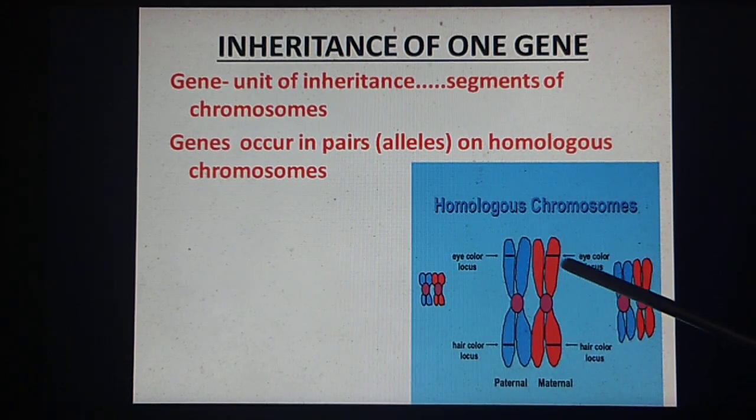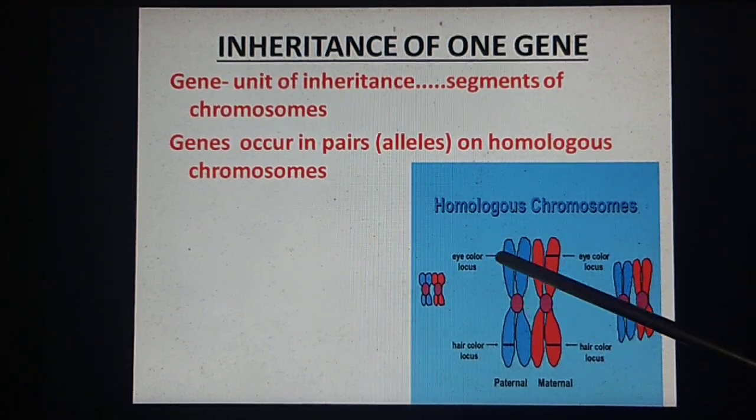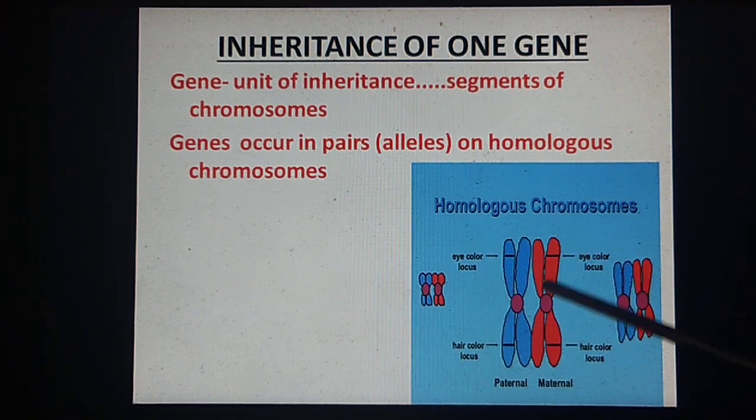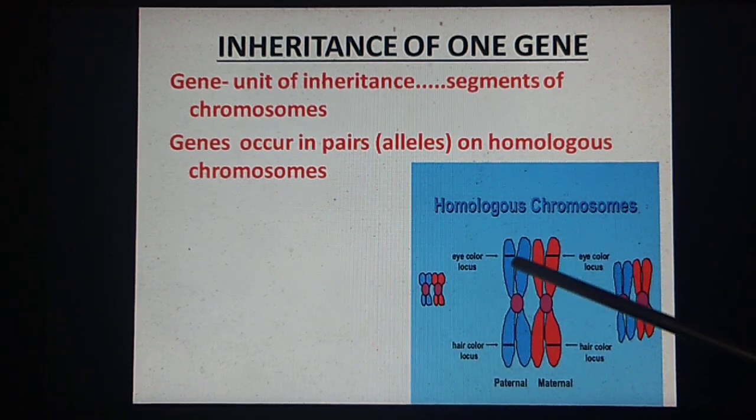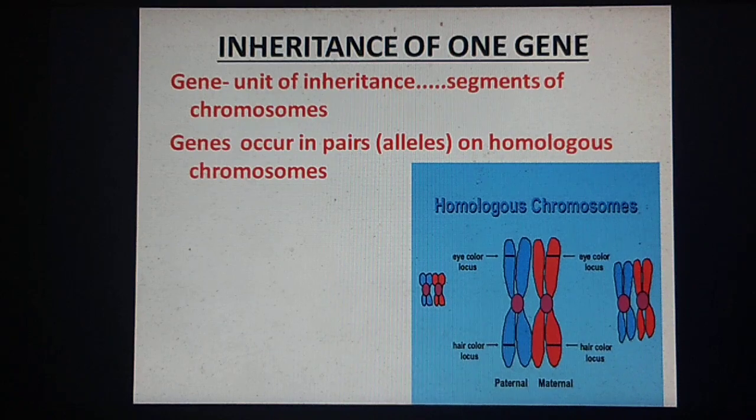But there can be variants. For example, this particular chromosome may have the brown colored eye characteristic, and on the other it may be blue eyes, or both may be for blue eyes or both may be for brown eyes. So alleles are the pair of genes having certain variants present in them.